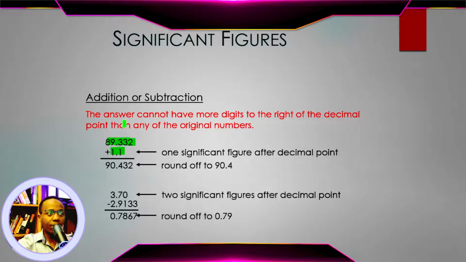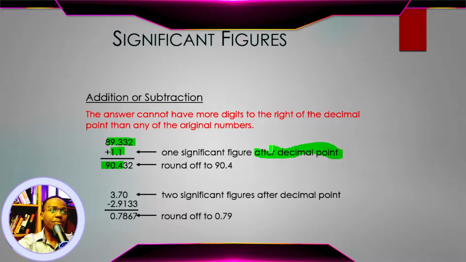This one has 5 significant figures. This one has 2. Here's the rule for addition and subtraction, and I'm going to emphasize it because it's different compared to multiplication and division. The rule says that the answer is going to have the significant figures of the smallest one, but you have to look at after the decimal point.